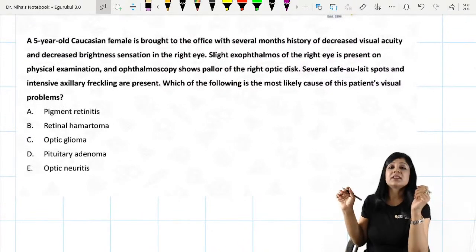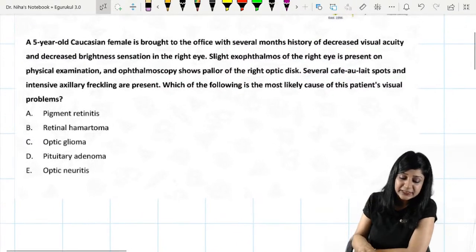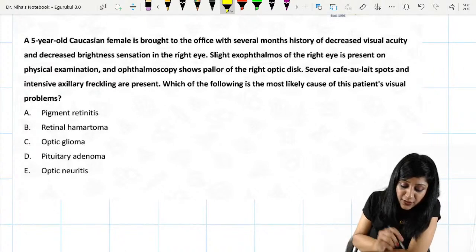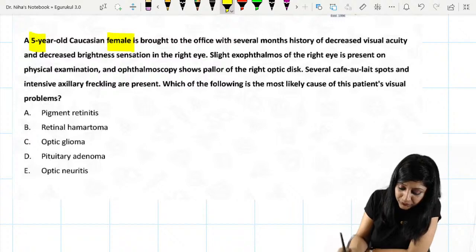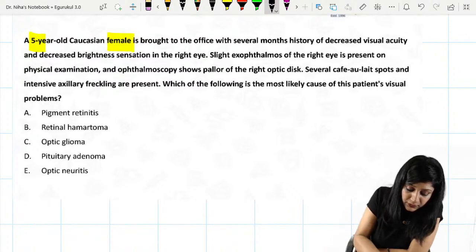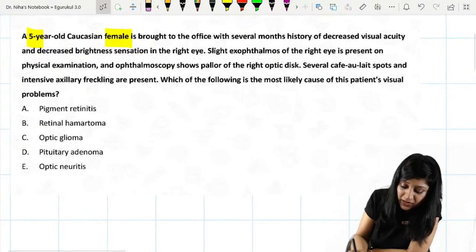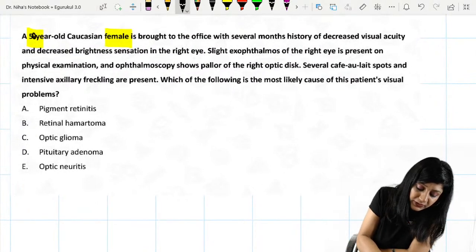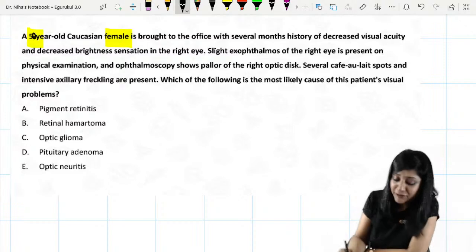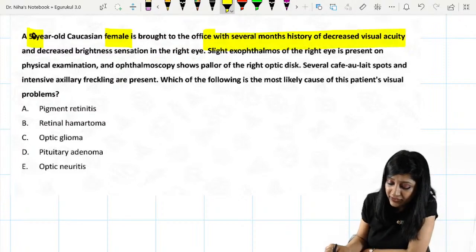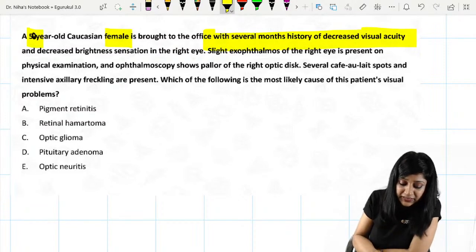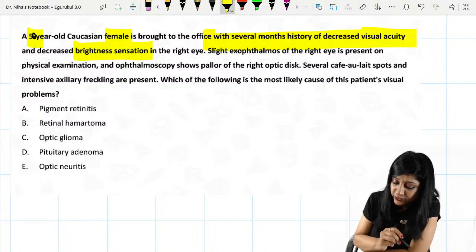Now let us read this question and see if we can solve this one. We have a 50-year-old female coming with several months of history of decreased visual acuity. Decreased brightness sensation is also there.